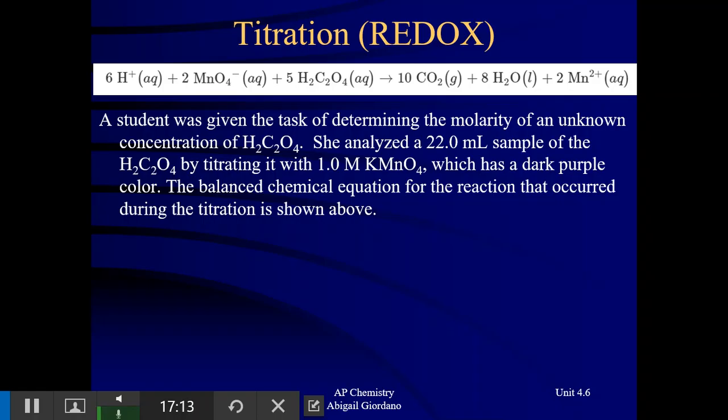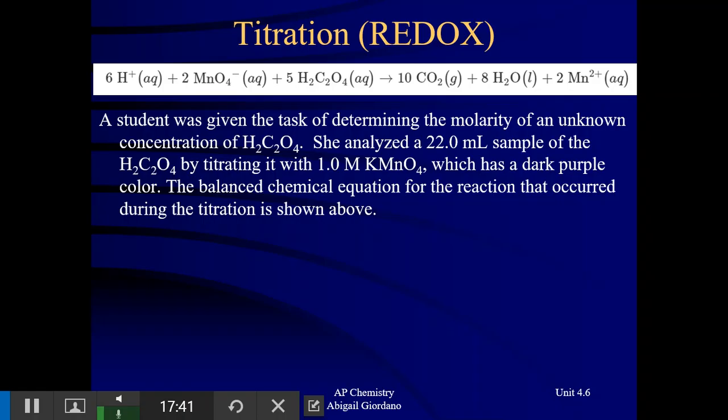It says, a student was given the task of determining the molarity of an unknown concentration of, and that's called oxalic acid. Okay, and I can see it, it's my third reactant up in that equation above. She analyzed a 22 milliliter sample of the oxalic acid by titrating it with 1 molar potassium permanganate, which has a dark purple color.